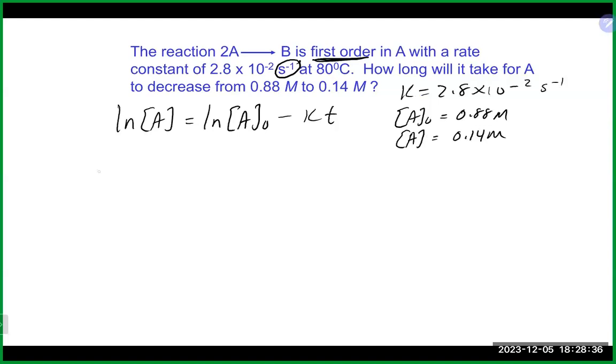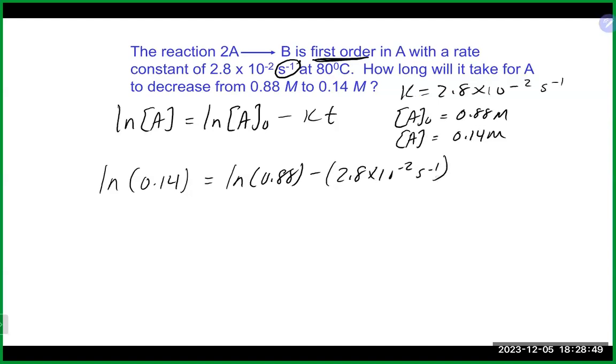So putting these in would give us the natural log of 0.14 equals the natural log of 0.88 minus our 2.8 times 10 to the minus 2 reciprocal seconds and time. Personally here, I would take the natural log of 0.14 and then subtract that guy to the other side.